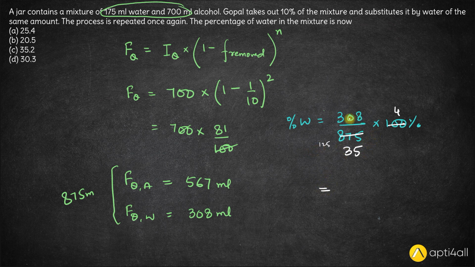So here we have 308 into 4 is 1232 divided by 35. So this approximately will come out to be 35.2%. Approximate concentration of water is 35.2%. Hence option C is the right answer here.